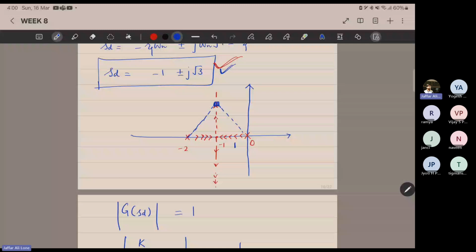Similarly, this distance will be 2. Then my K will be the product of distances from all poles to S_D divided by the product of distances from all zeros to S_D. Then my K will be 2 into 2 divided by 1, which is equal to 4 from the root locus. Is that okay?